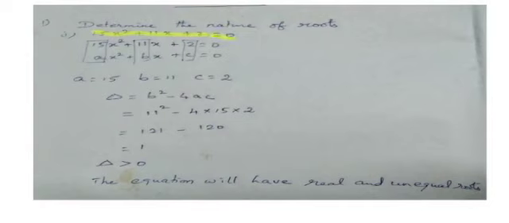The general form we already know is ax square plus bx plus c is equal to 0. So instead of a, we write 15. Instead of b, we write 11. Instead of c, we write 2.